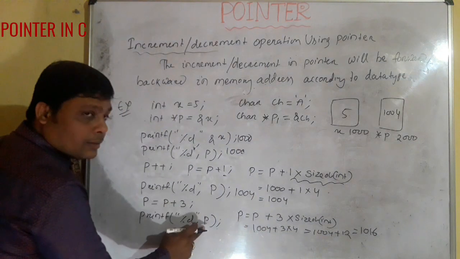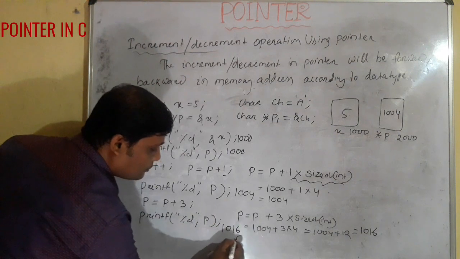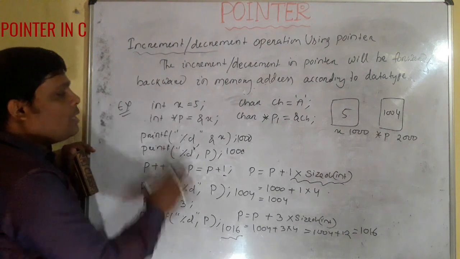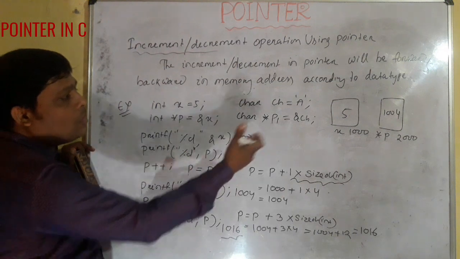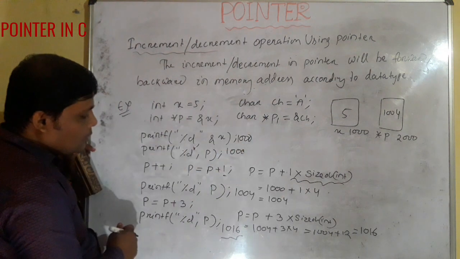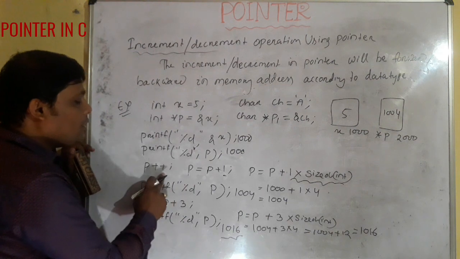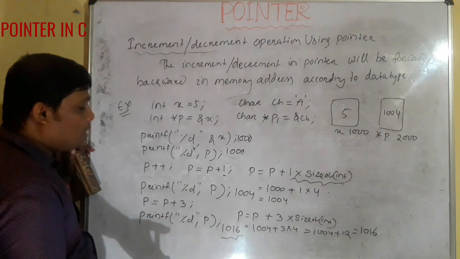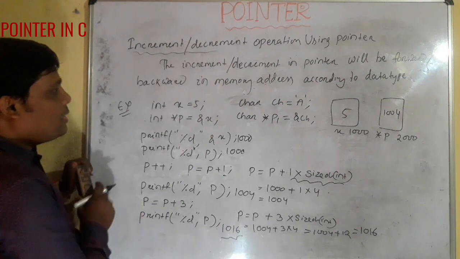So the result will be 1016. In this way you can find out what the pointer will point to next, if I am adding some value to a pointer or doing some increment or decrement operation with the pointer. Clear? This is very easy.